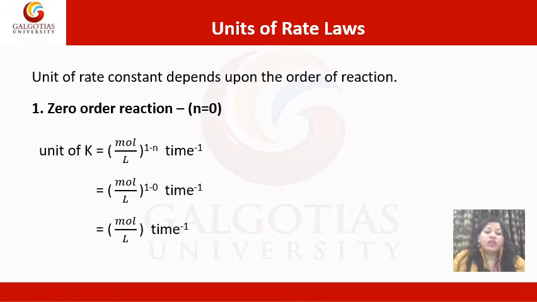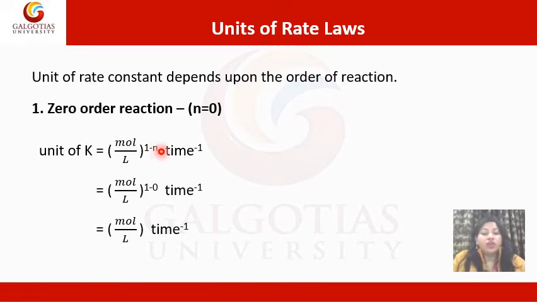The unit of the rate constant depends upon the order of the reaction. So by this unit of k, we calculate the order of the reaction, either 0, 1 or 2. For a zero order reaction, n is equal to 0, we put the value of n and calculate the unit.